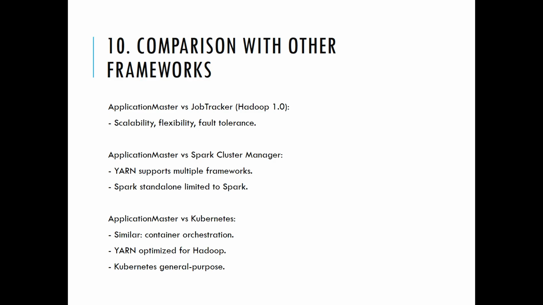The comparison with Kubernetes is fascinating. They are similar in their core concept of container orchestration. However, YARN is deeply optimized for the Hadoop ecosystem and batch processing, while Kubernetes is a general-purpose platform designed for deploying a vast array of containerized applications, often with a focus on long-running services.